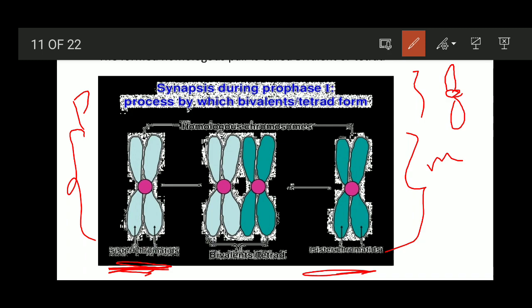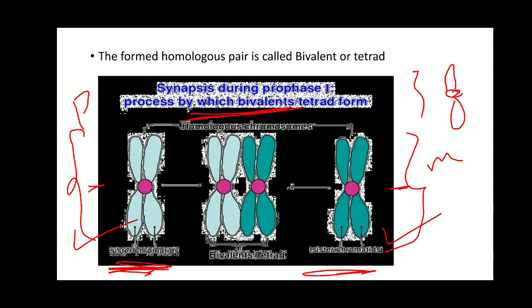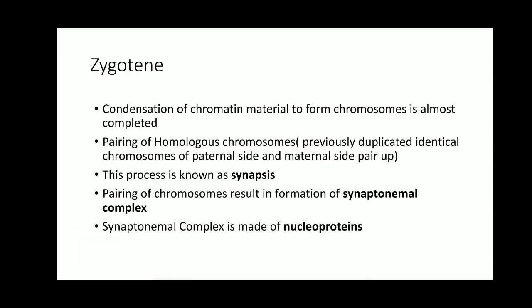Now these both are identical copies and therefore they together are known as homologous chromosomes. The pairing of this paternal side and the maternal side chromosomes together is known as homologous chromosomes. So the process of pairing of the homologous chromosomes is known as synapsis.